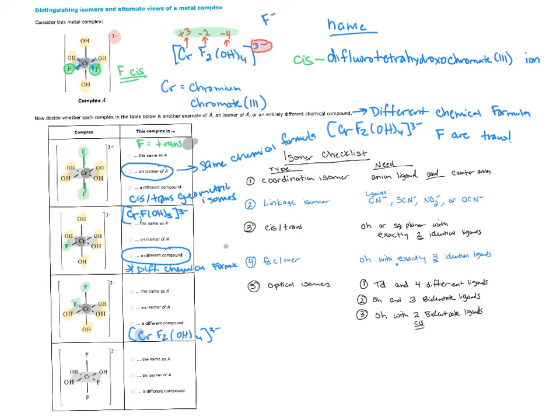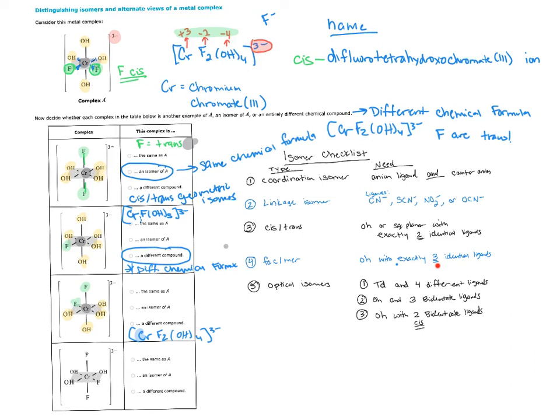So going to this isomer checklist, I know that I have no coordination isomer because there's no counter ion, no linkage isomer because these are not any of the ligands here. Cis-trans, I could have cis-trans because I'm octahedral with exactly 2 identical ligands. I do not have fac-mer. Yes, I'm octahedral, but I do not have 3 identical ligands.